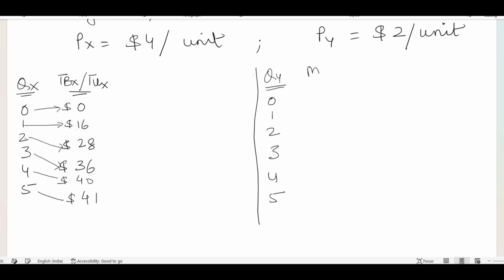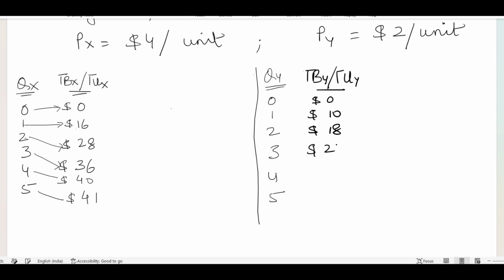And again I have the total benefit from Y, or the total utility from Y, which is given to be $0, then $10, $18, $24, $28, and $30. Now that's better.